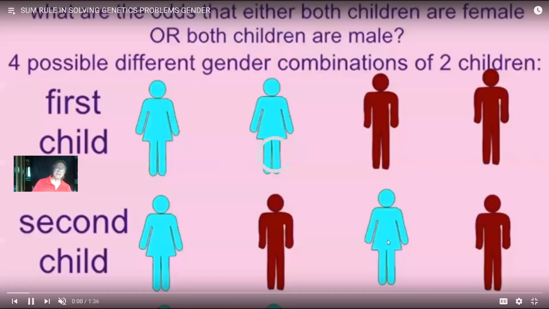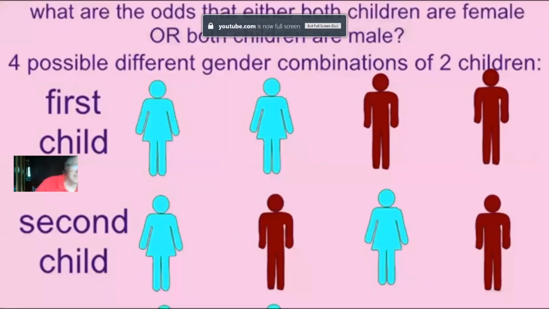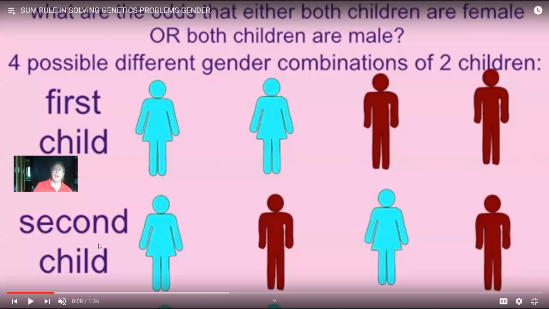There is a second rule I would like to introduce, and that is what's known as the sum rule. The sum rule is what you would see if 2 events are not independent. And I'm going to use the word or to describe it as opposed to the word and.